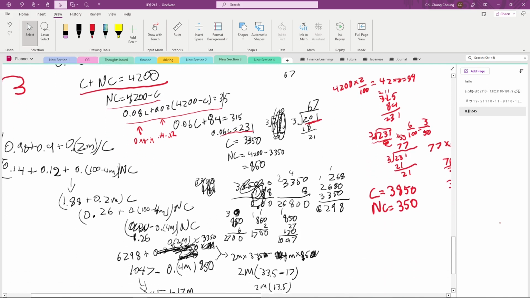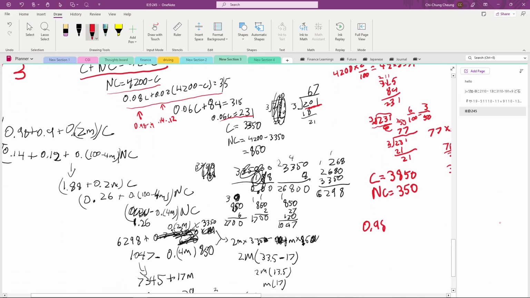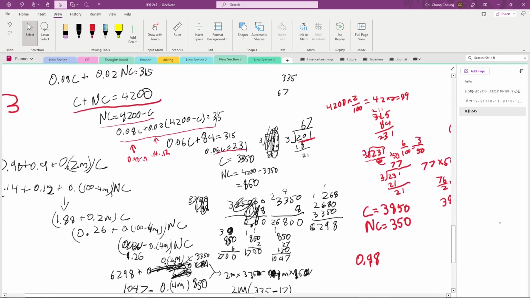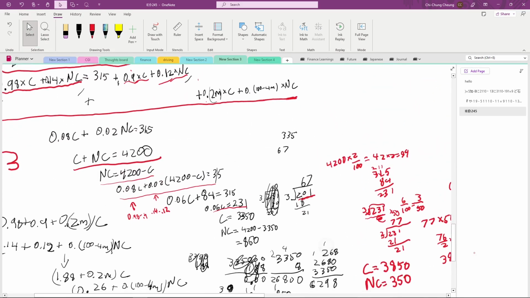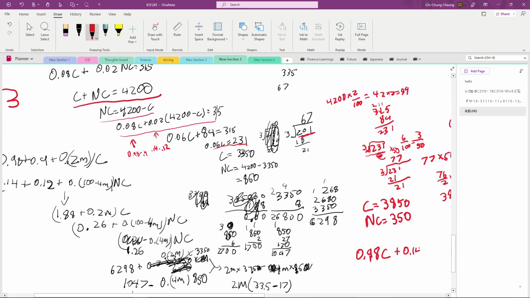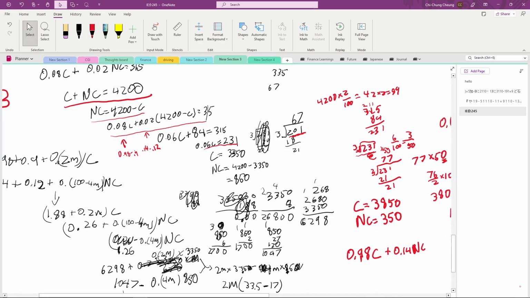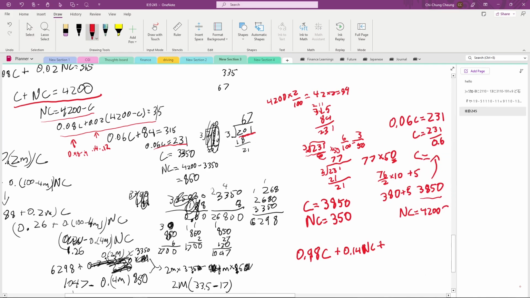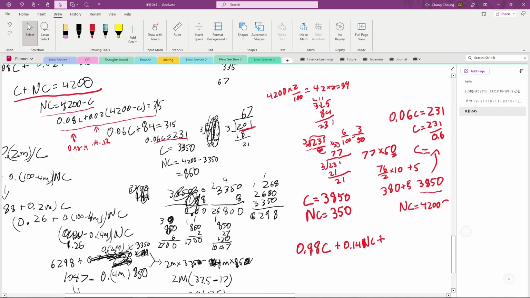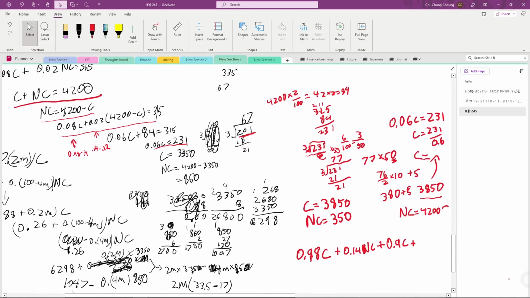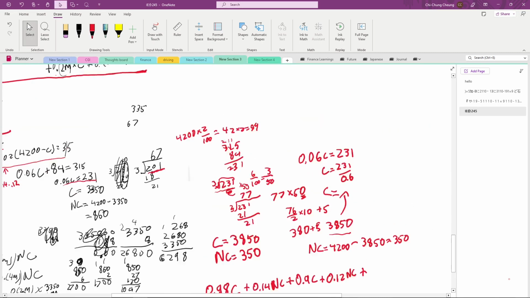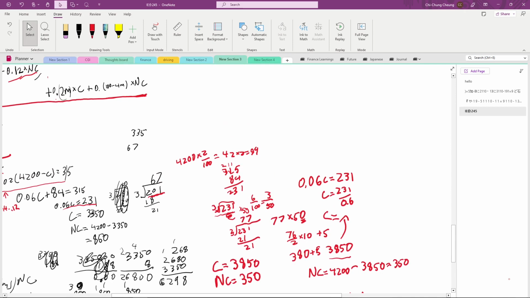0.14. Yeah, okay, I agree, it was a pretty bad notation.